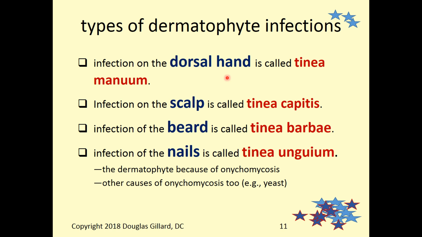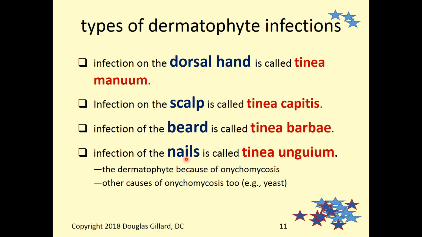A nail fungus infection is usually called onychomycosis. Tinea unguium is not always the cause of it, though. There are other causes of onychomycosis, like yeast, but they're rare. So usually it's Tinea unguium.